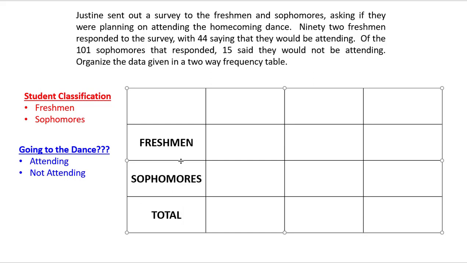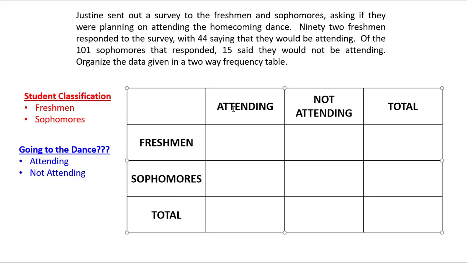So if our rows are going to be for student classification, then that means our columns up here have to be going to the dance. And our two choices are attending, not attending, and of course, a column for our total.